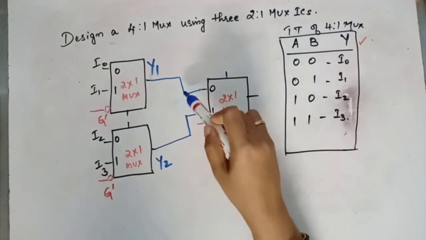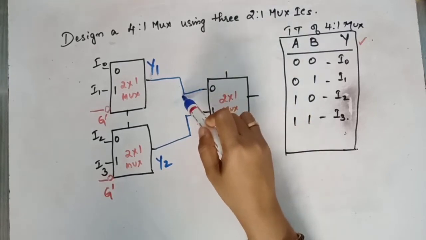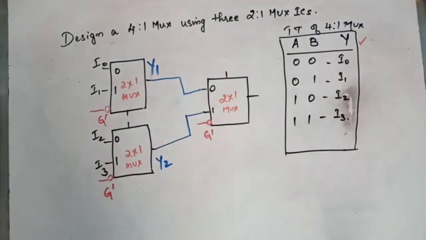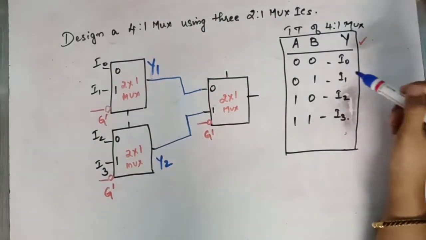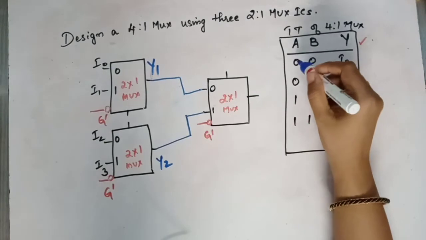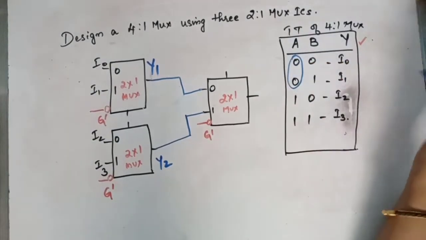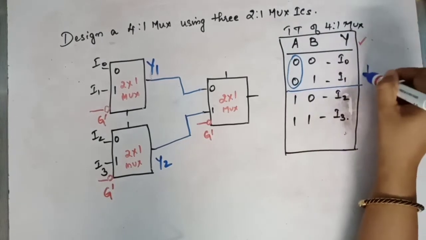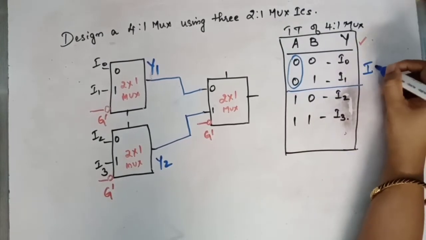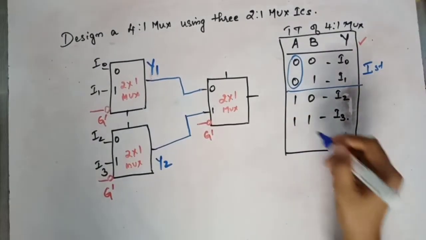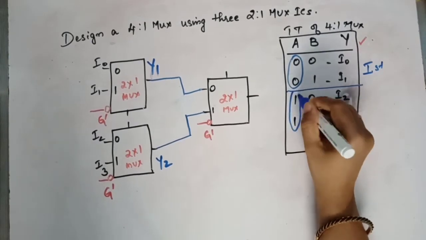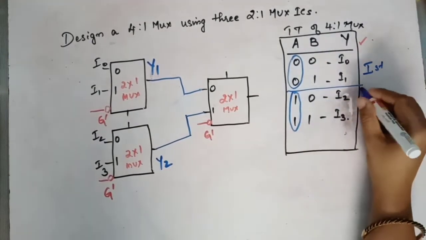Okay. So when should Y1 be selected? When you need I0 or I1. So when do you need I0 or I1? In the earlier case, when A equal to 0, you need the first IC. And when A is equal to 1, you need the second IC.